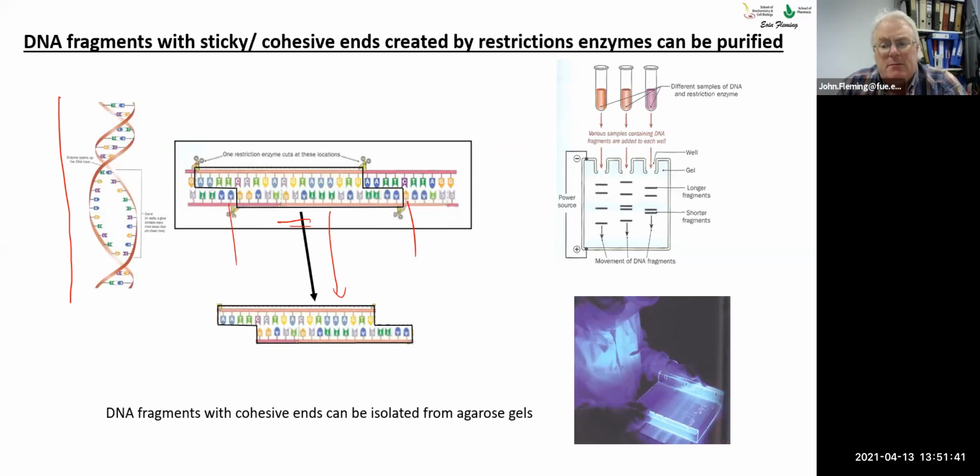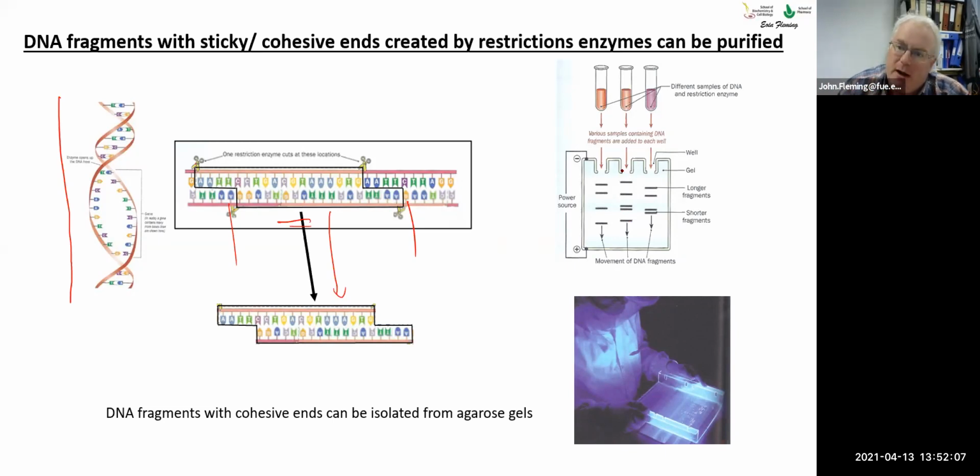What I'm trying to communicate in terms of this particular slide is that when we take a long stretch of DNA, maybe your genome, for example, and we add a restriction enzyme that recognizes specific target sites in the nucleic acid and cuts them, we can then isolate those cut, or what we call those digested fragments.